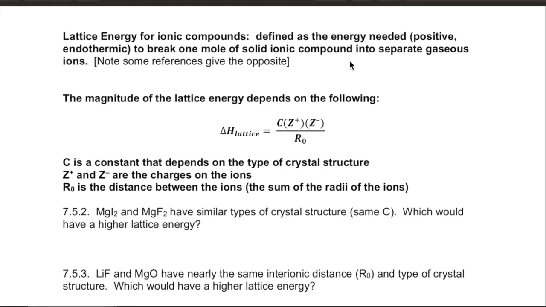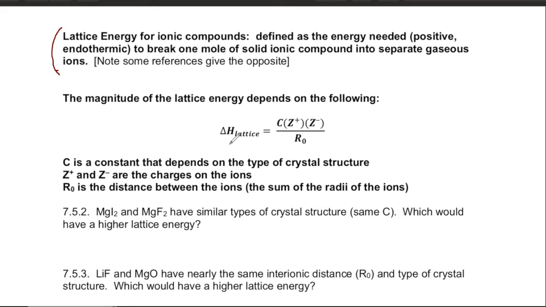So in order to be able to compare ionic compounds, we have this quantity called the lattice energy. And the lattice energy is the energy needed to take 1 mole of solid ionic compound and vaporize it into gaseous ions. That is kind of an intense thing to visualize, just these ions all flying apart into the gas phase, but that definitely would break all the ionic interactions.